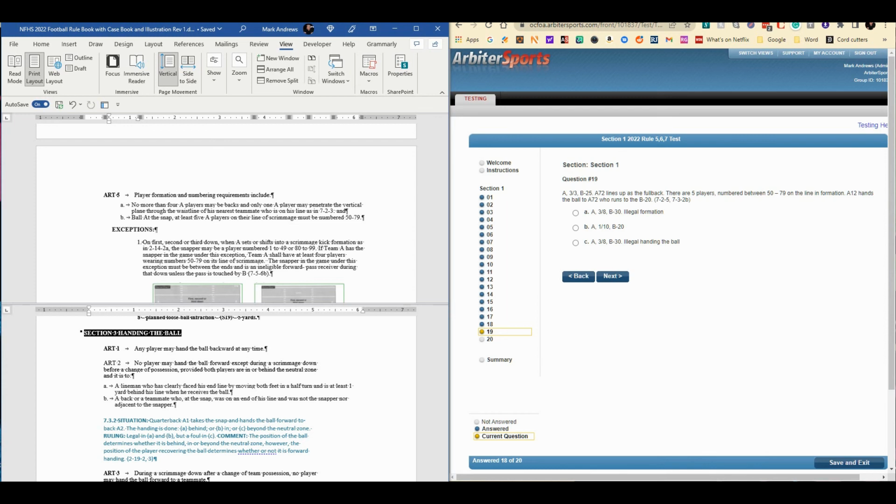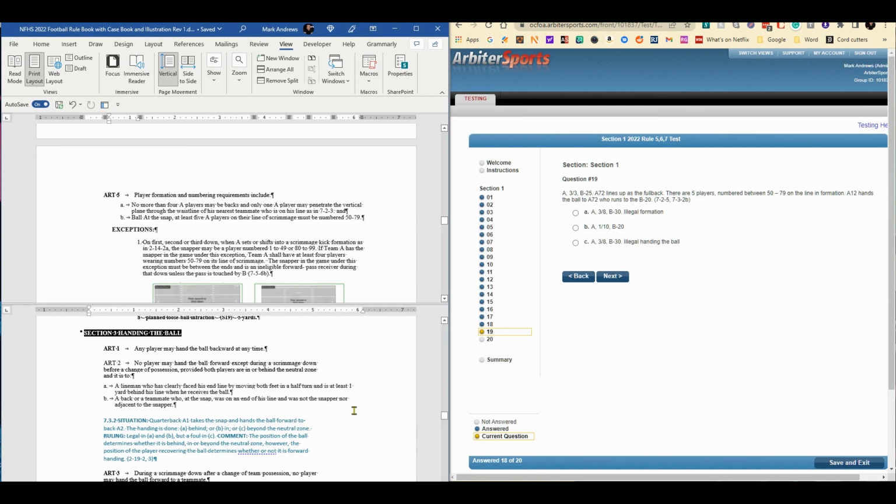So 732B simply goes through the handing rule. It says no player may hand the ball forward except during a scrimmage down before a change of possession, provided both players are in or behind the neutral zone, and it is to a back or a teammate who at the snap was on an end of his line and was not the snapper nor adjacent to the snapper.